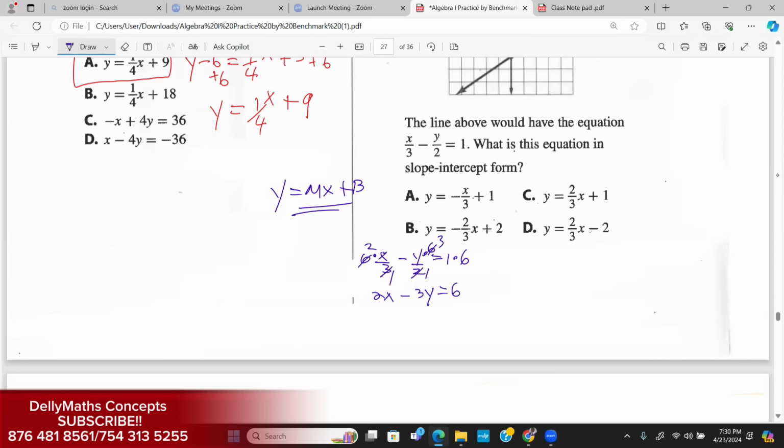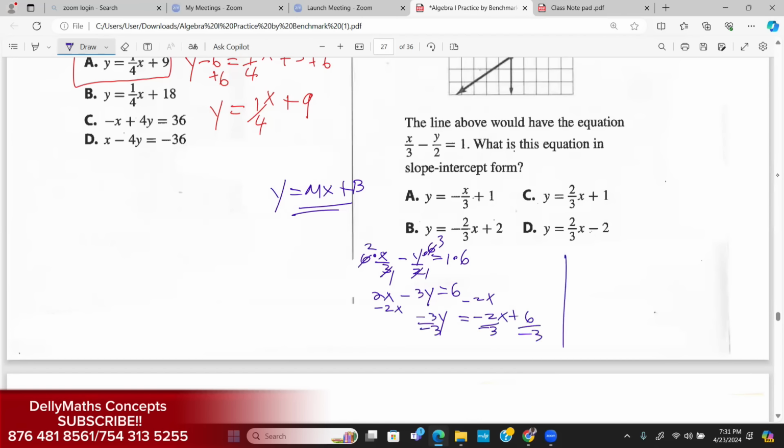Remember the format, slope-intercept. So I'm going to get the x on the other side. So I'm going to subtract 2x. So I have negative 3y equal to negative 2x plus 6. My last move, I'm going to divide everything by negative 3.